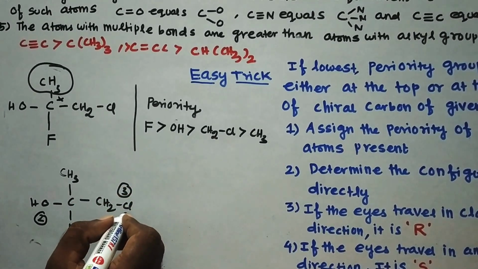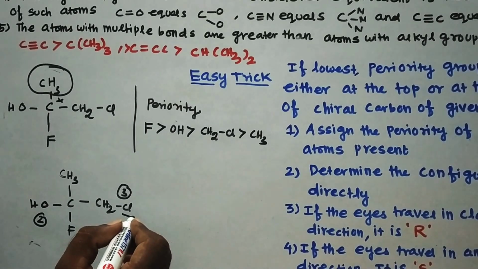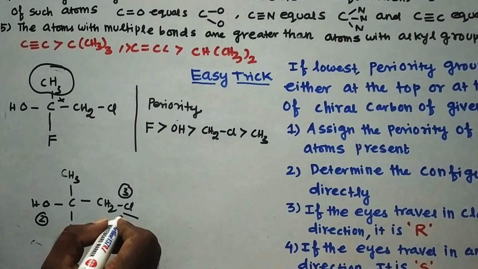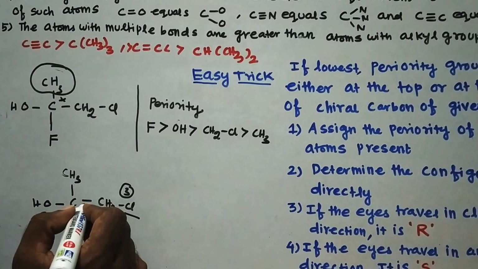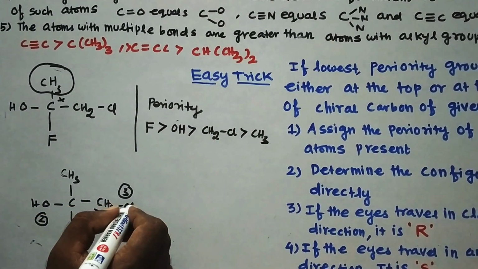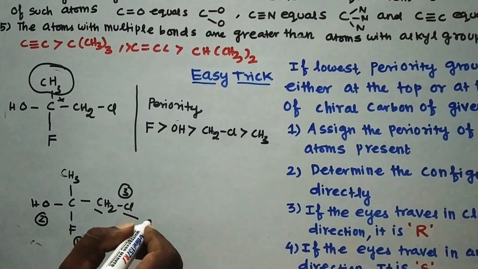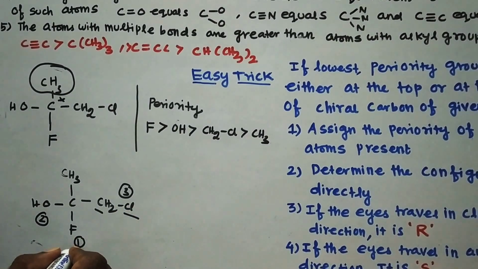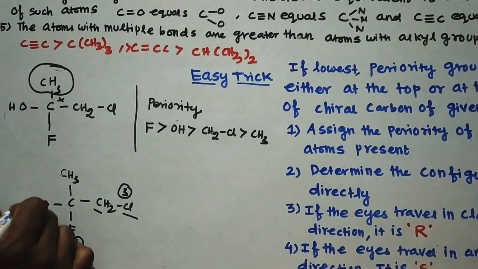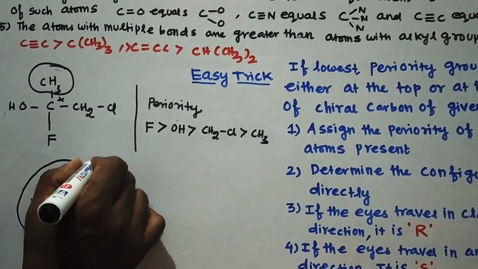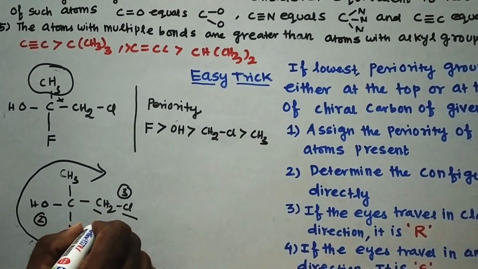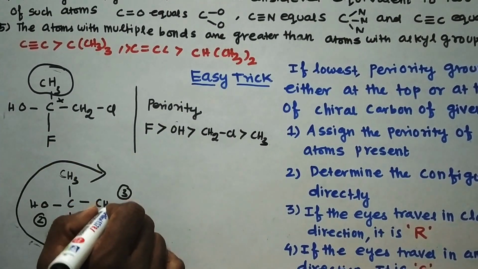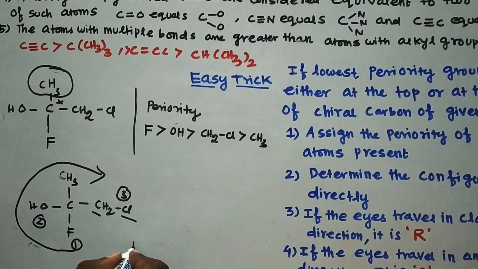Here, chlorine has atomic number 17, but it is not directly bonded to the chiral carbon. It is bonded to the carbon that is bonded to the chiral carbon. Therefore, it doesn't get higher priority. Now the eyes travel in the clockwise direction. Therefore, the configuration is R.